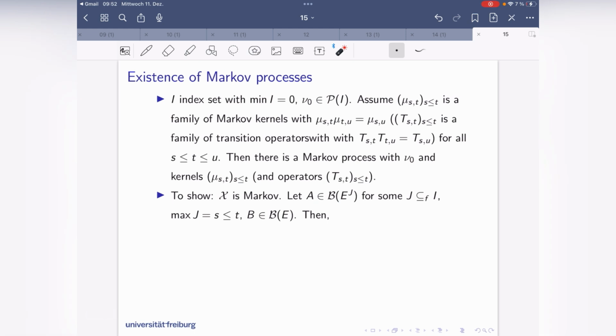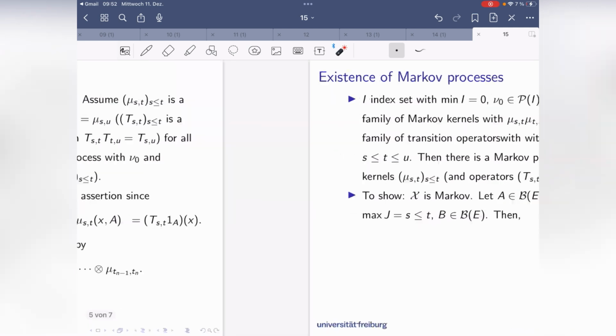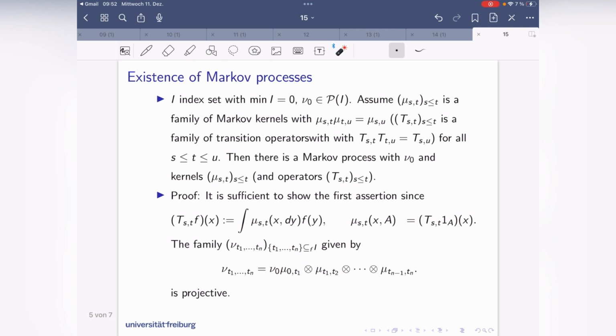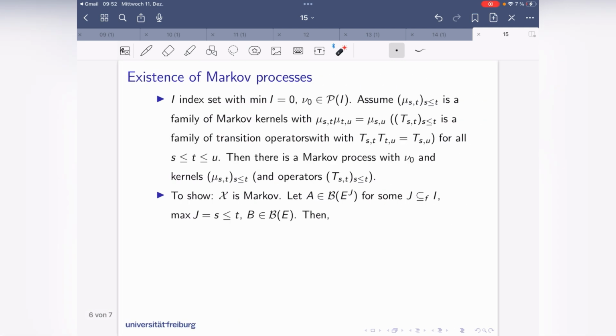We have to show that X really is a Markov process. So first of all, that's a projective family, and by this we know by Kolmogorov's extension theorem that there is a corresponding process, or distribution of the corresponding process. And for this process, we then have to show that this is a Markov process.